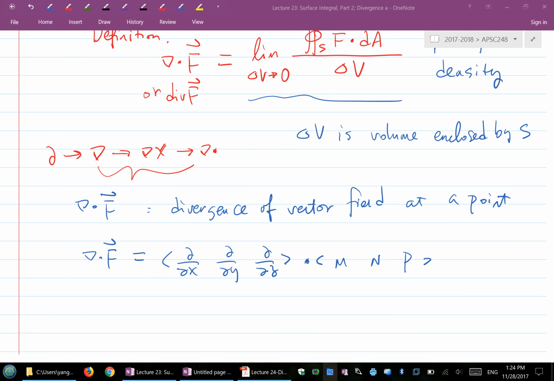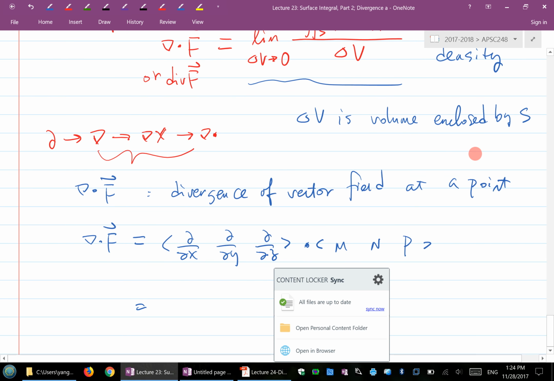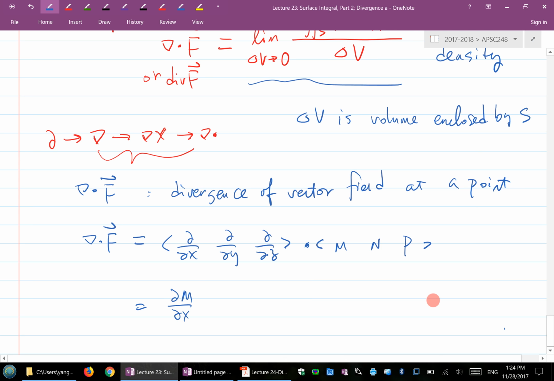When you calculate a dot product, you calculate the product of each component and add them together, right? So you get partial M over partial x plus partial N over partial y plus partial P over partial z.